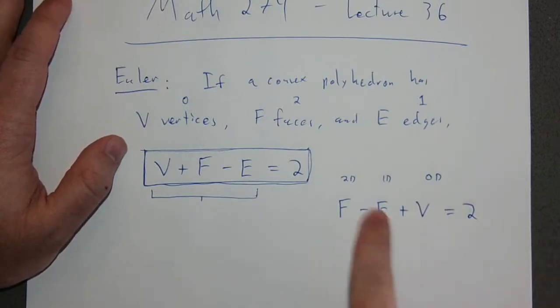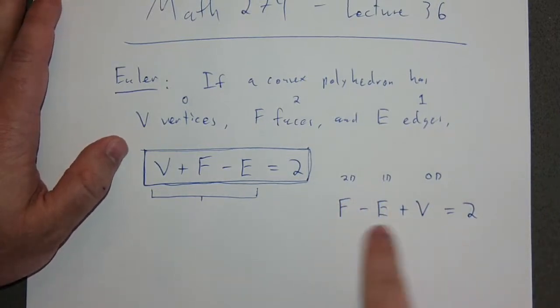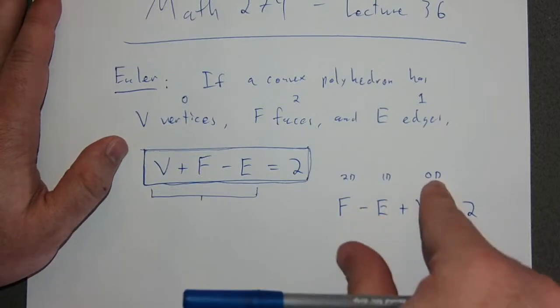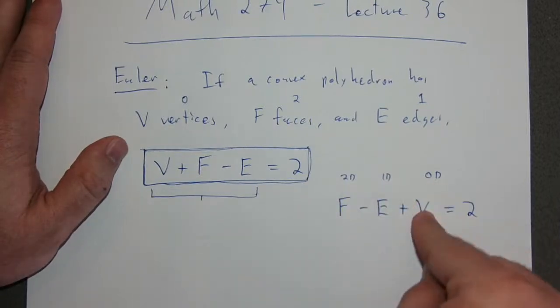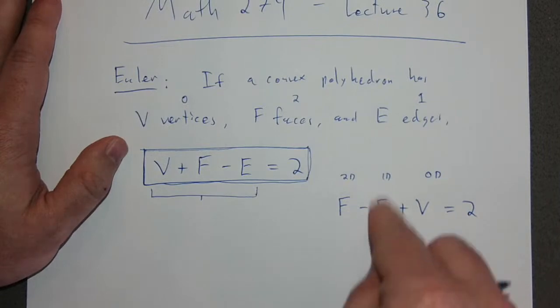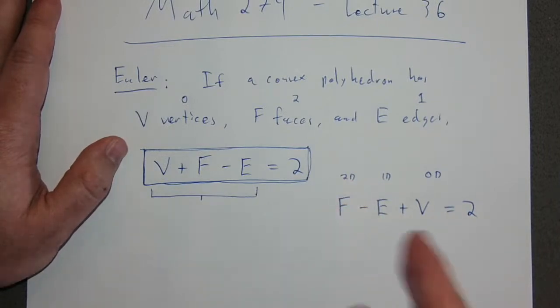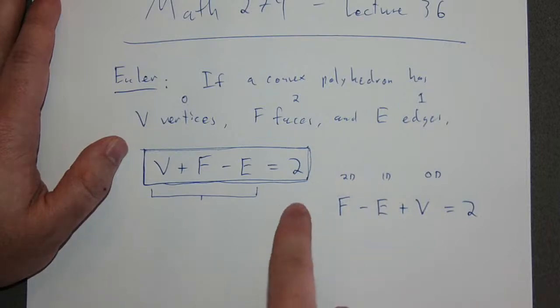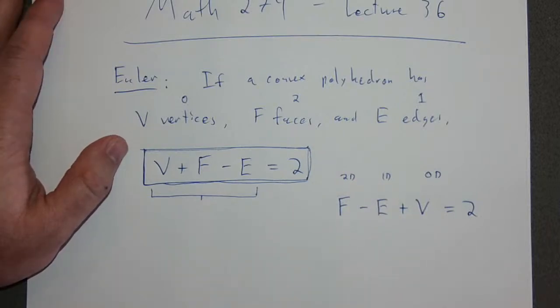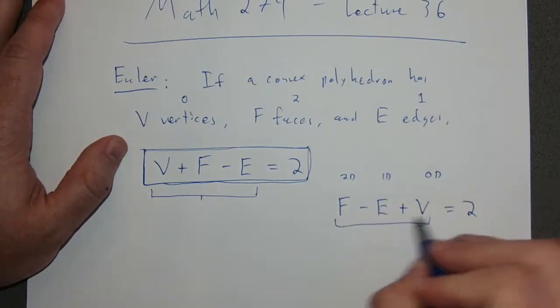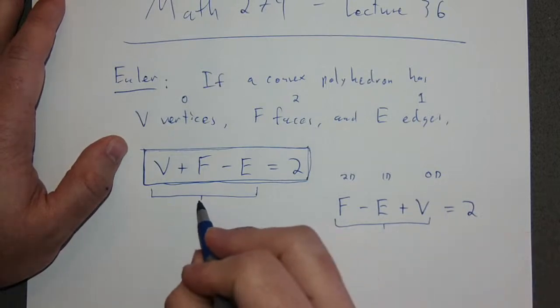It's this alternating sum of some count of objects showing up in each dimension. We have so many zero-dimensional things, so many one-dimensional things, but where you have a minus sign there. We have so many two-dimensional things. If we were counting three-dimensional things, there would be a minus sign in front of it, and so on. It's this weird alternating sum expression here that I've highlighted as well.